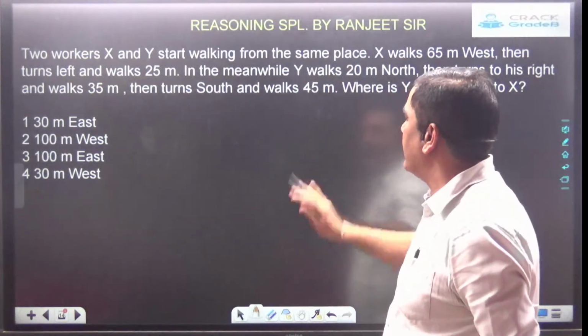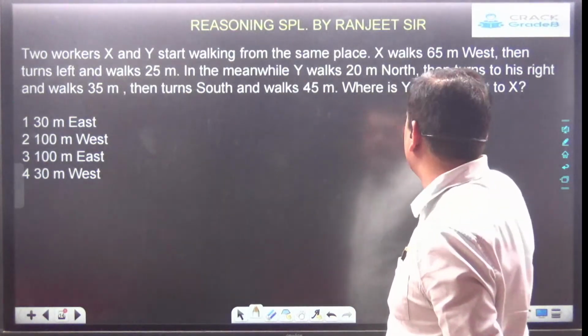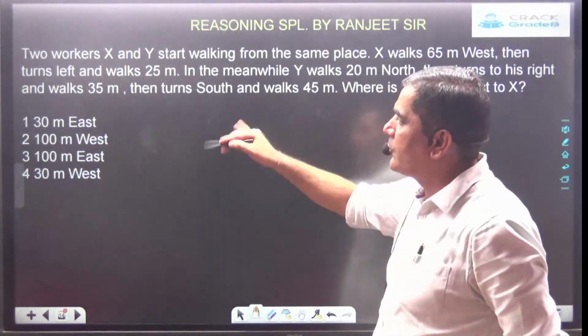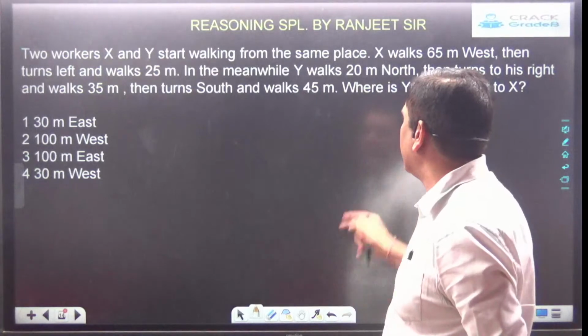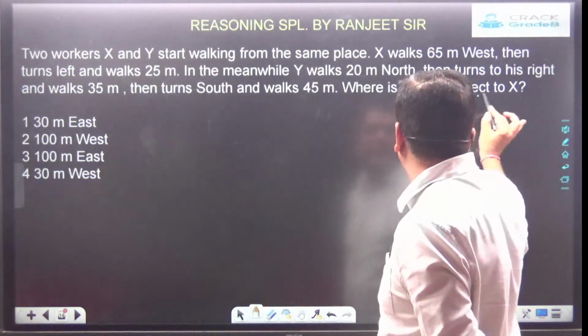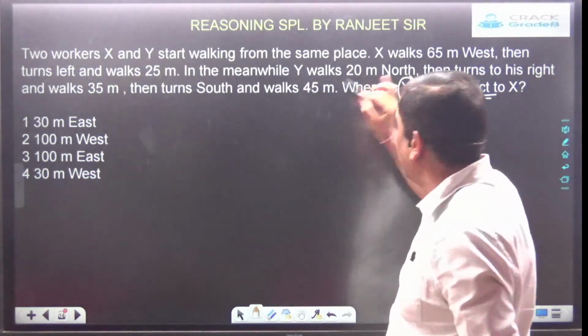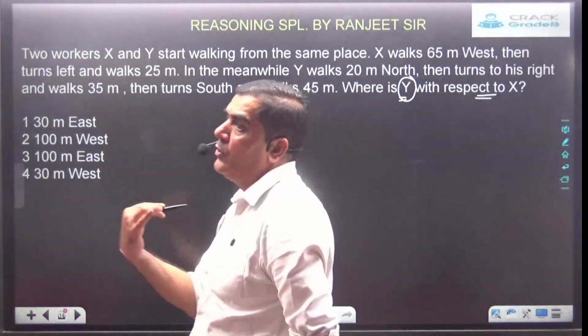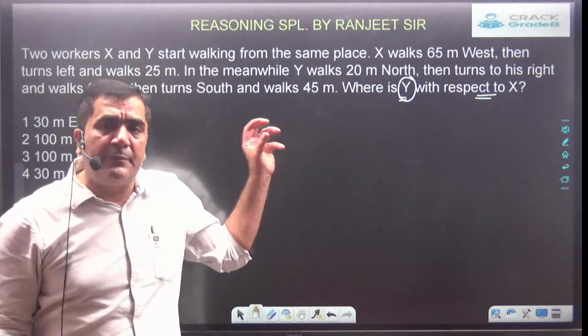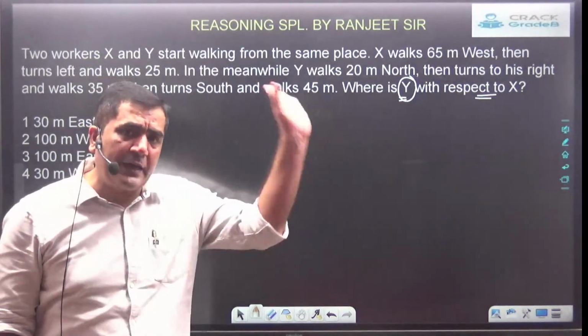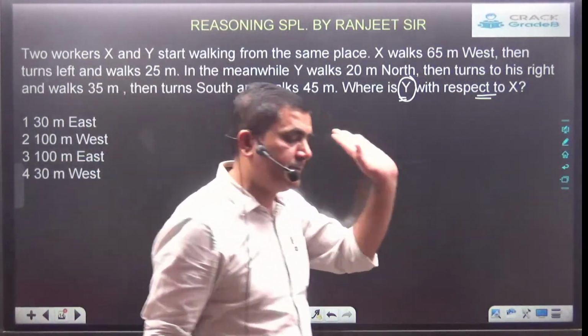Y walks 20 meters north, then turns to his right and walks 35 meter, then turns south and walks 45 meter. Where is Y with respect to X? You have to find the position of Y with respect to X. I am simply concerned with the position of Y, no way concerned with the position of X.